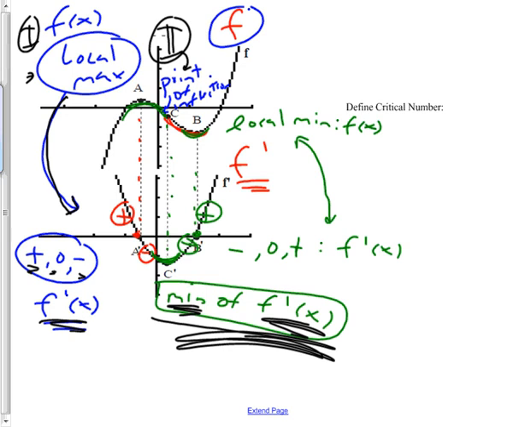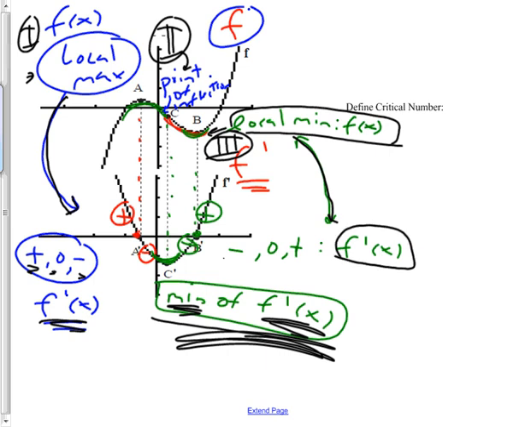And then the third major thing, which is right here, if I have a local min on my function, as I do right there, that means that my derivative function must be going from negative to 0 to positive.